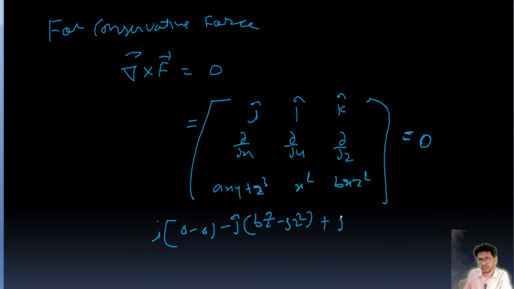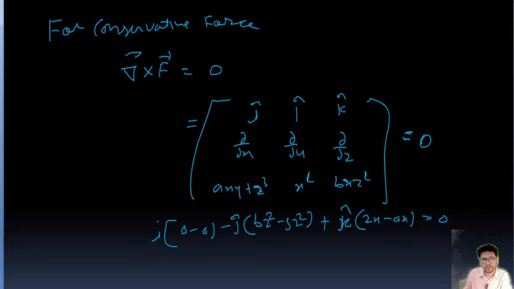Similarly, for k cap it is going to be 2x minus ax equal to 0, because this one is 2x, and if you differentiate this with respect to y, this is going to be ax, right? So this implies curl of F is 0, right?